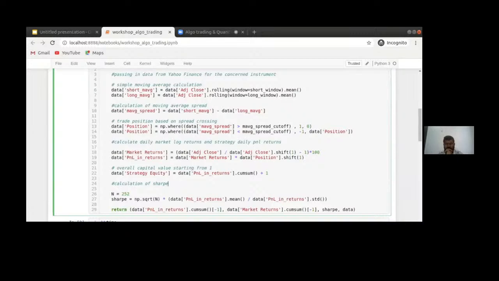The technical definition is the mean profit over the usual safe returns, divided by the standard deviation of the PNL over safe returns.